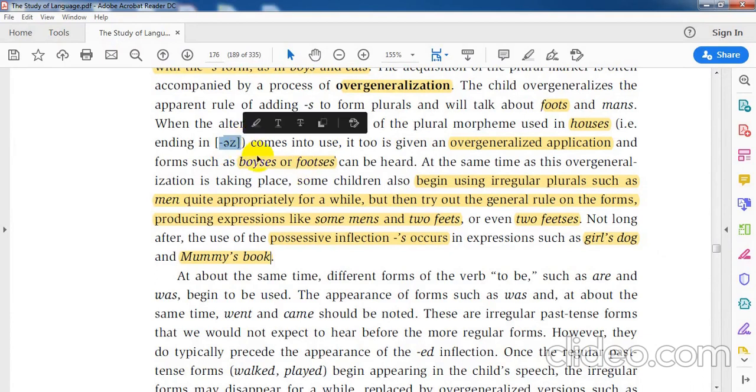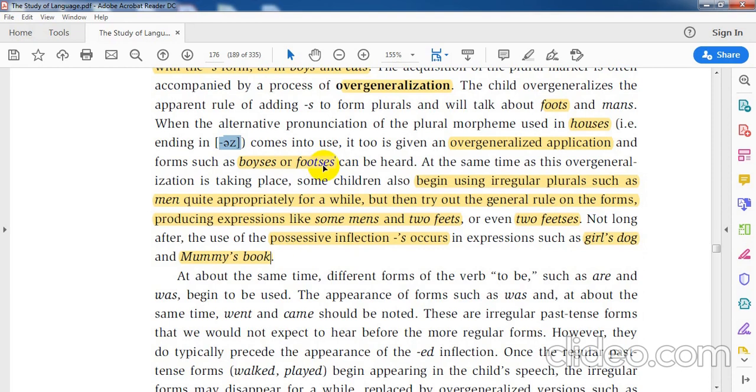This can also be applied to other nouns. So here, instead of saying boys, the child might say boyses, to use another version of pronunciation. Or footses, you see here, instead of saying foot, we have feet.